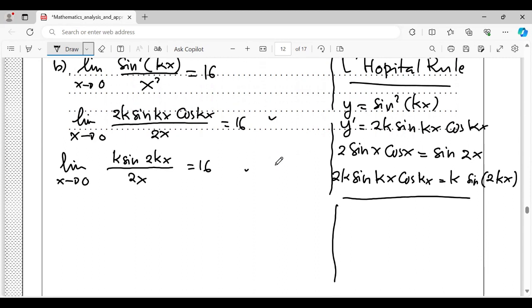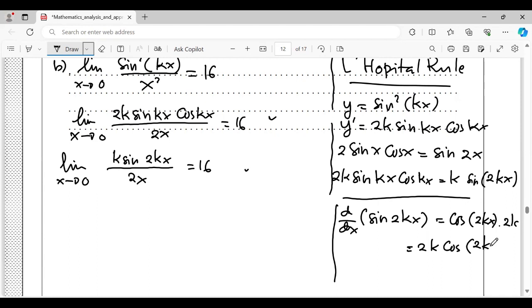The derivative of sine 2kx, based on L'Hopital rule, is cosine 2kx times 2k, based on chain rule, or 2k cosine 2kx.